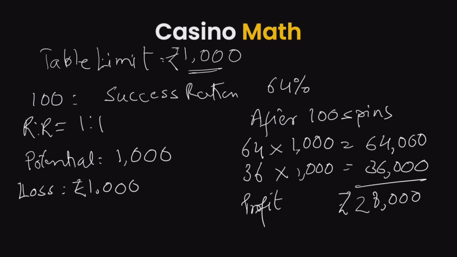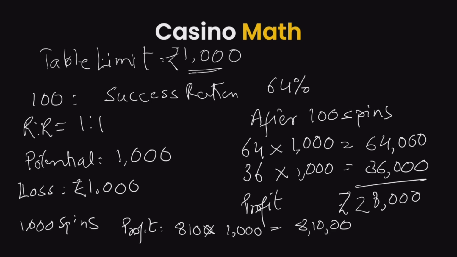But look at what happens after 1,000 spins. After 1,000 spins, their profit or revenue, however you want to see it, is 810. So out of 1,000, 810 are winning spins. Again, at that 1,000 rupee potential profit, they will make 8,10,000 rupees.